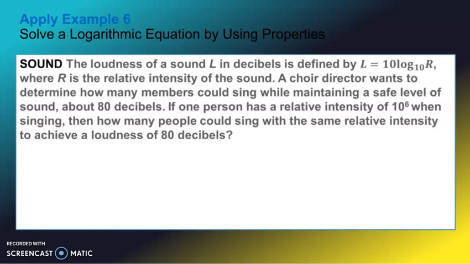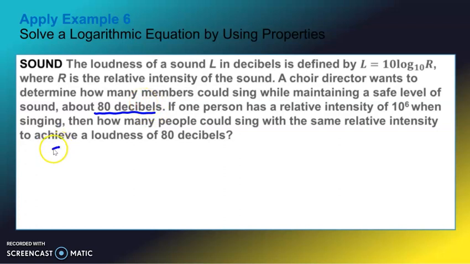So the first thing I'm going to do is write my equation down, but instead of L, it says L is representing the loudness of sound in decibels. They're telling me to use 80 decibels.